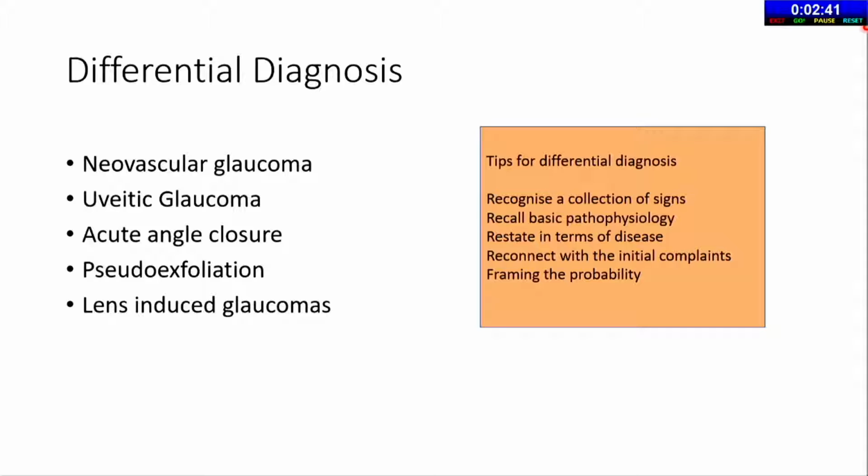All problems having an acute rise in pressure: lens-induced glaucomas, acute angle closure, uveitic glaucoma, or pseudo-exfoliation also. In our country, angle closure is very common, and more than 10% of patients with pseudo-exfoliation are likely to have closed angles, so they can also come with an acute rise in pressure.